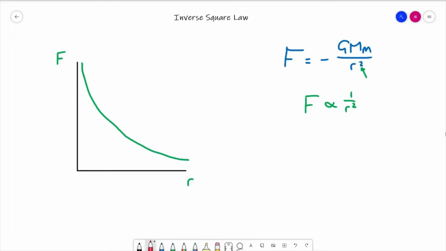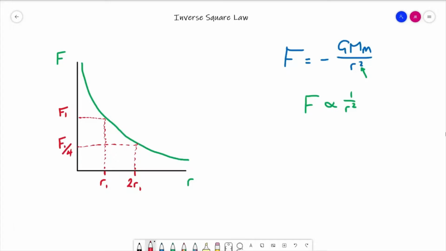If we had one distance, we'll call that R1, and we double that distance to 2R1, then, definitely not drawn to scale, if this was F1, then this would end up as F1 over 4.